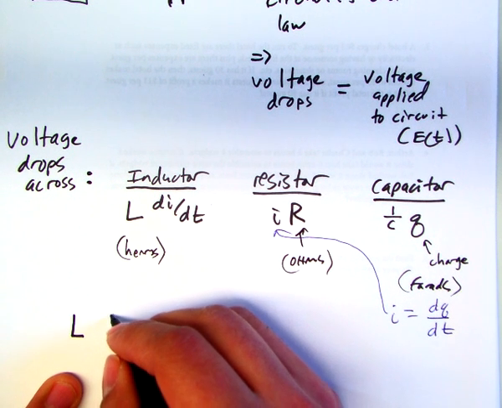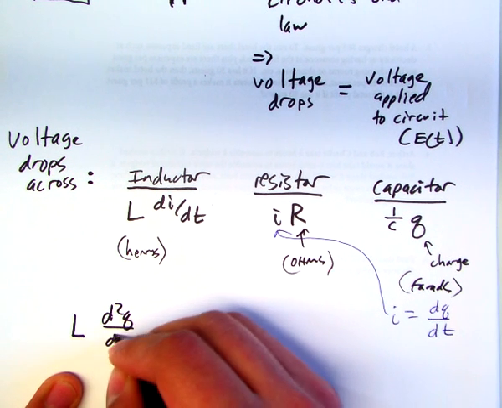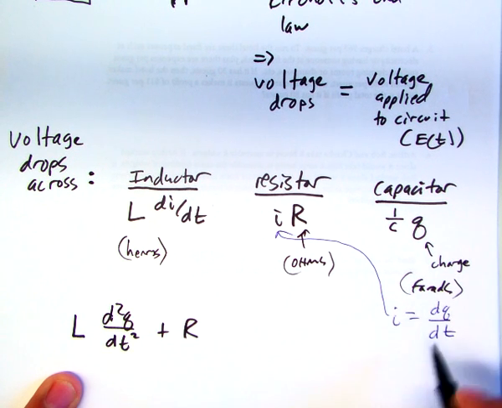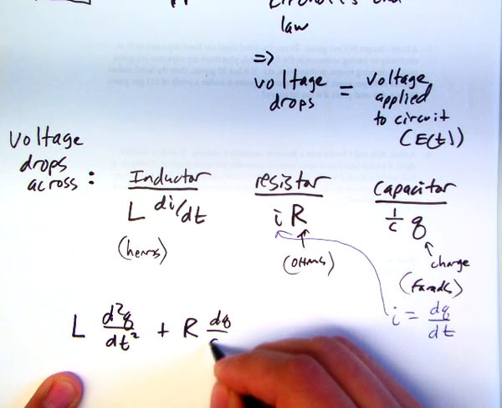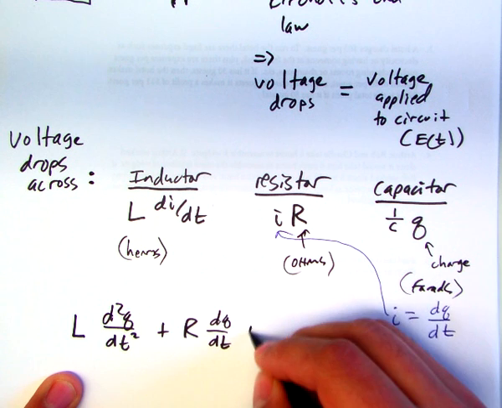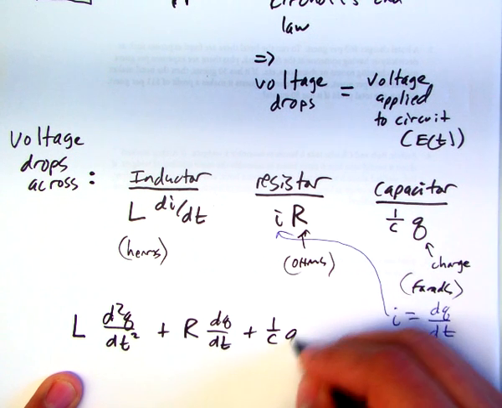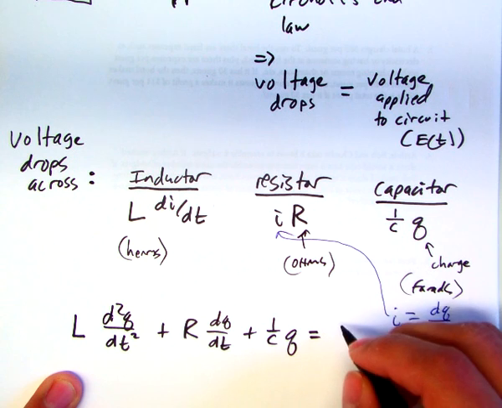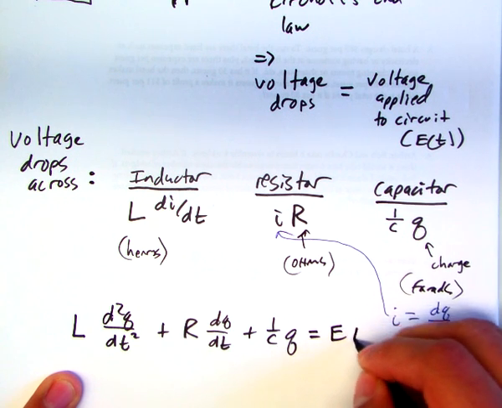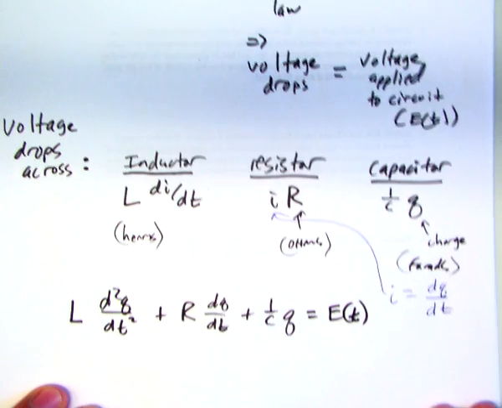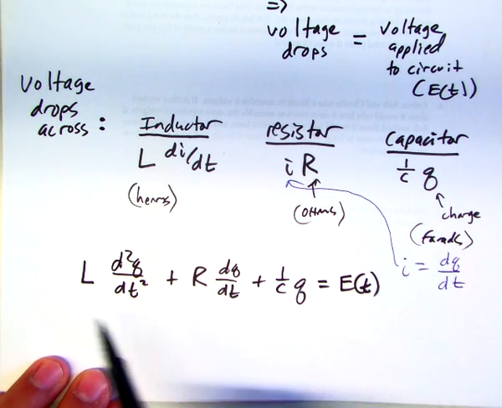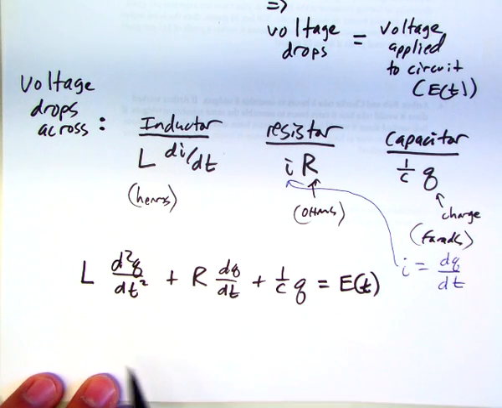So L d squared q over dt squared plus R, we're not going to use current, we're going to use dq dt, plus 1 over C times q, and that's going to equal the voltage applied to the circuit, E of t. Yep. Okay, so this is the model we will be working with.